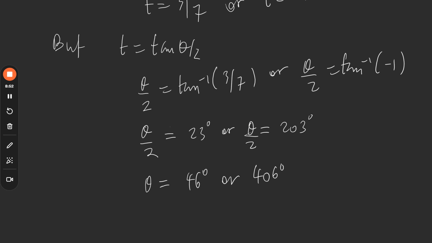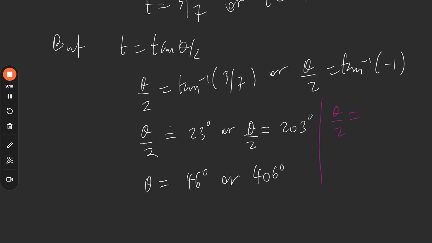Coming to the other side, we will be having theta over 2 equal to 270. Oh, an apology. Theta over 2, we are talking of an angle in the second quadrant and also an angle in the fourth quadrant.